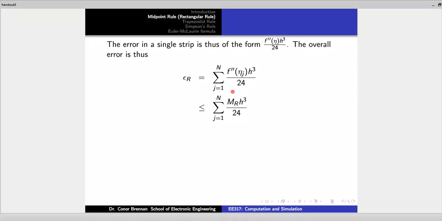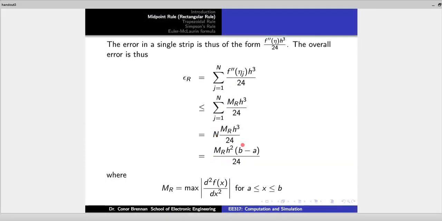All we can say is each of these little second derivative terms is smaller than MR. Remember MR, we introduced it, it's the maximum of the second derivative in the interval A to B. So we can say that this is less than or equal to this, because all of these second derivatives are less than MR, times h cubed over 24. There are no j's anymore, we've got rid of all the j's, so there are just n terms here, so we just get n times this. And n is equal to b minus a over h, so we get b minus a over h, and this becomes h squared. And this is the result we had a few slides ago.